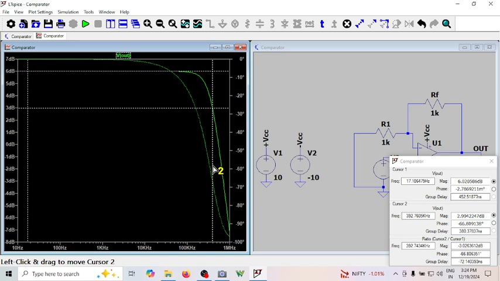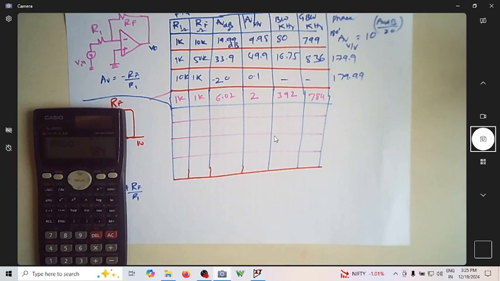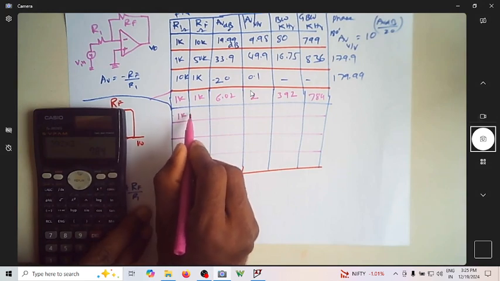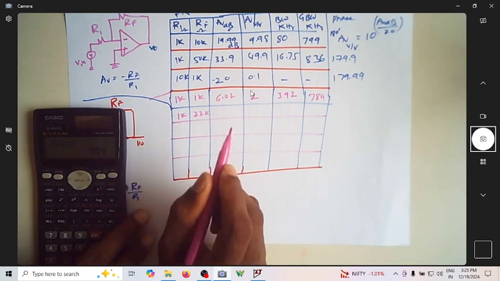The bandwidth is 392 kilohertz. So it is 392 into 2, which is 784 kilohertz. 784 kilohertz is my gain bandwidth product. So I'm just showing you this for the non-inverting amplifier.